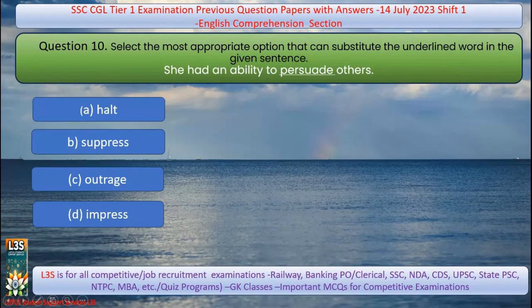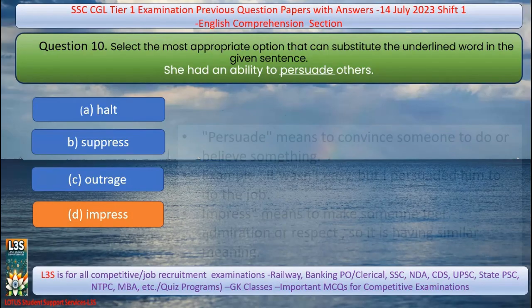Next question. Select the most appropriate option that can substitute the underlined word in the given sentence. She had an ability to persuade others. The word underlined here is persuade. And the correct option will be D, impress.